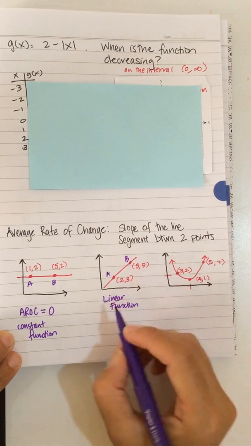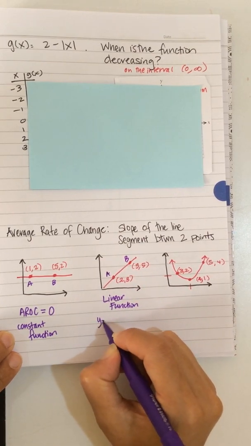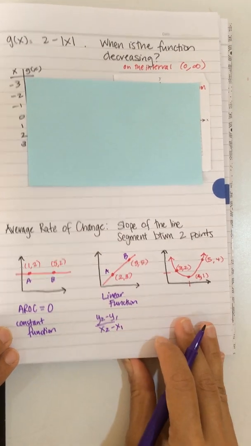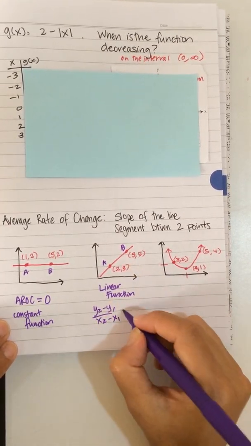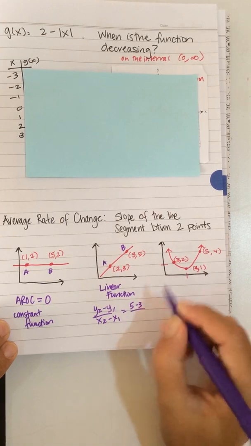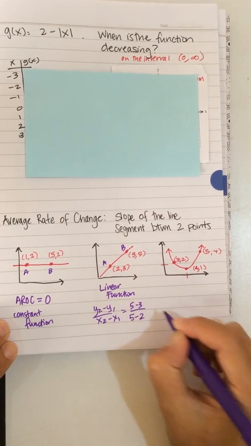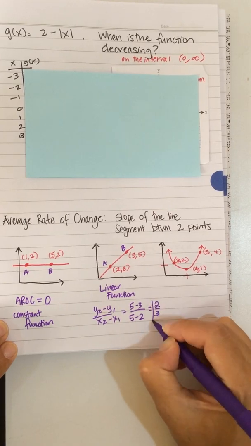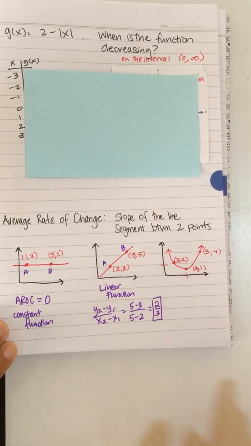To do that, you do y2 minus y1 over x2 minus x1. In this case, that would be 5 take away 3 over 5 take away 2, which ends up being 2/3. So the average rate of change for this second function is a positive 2/3.